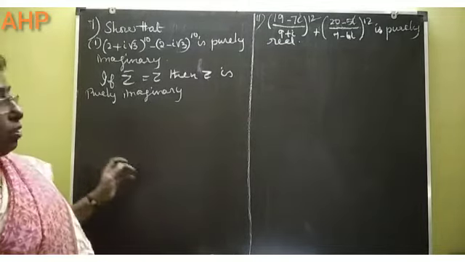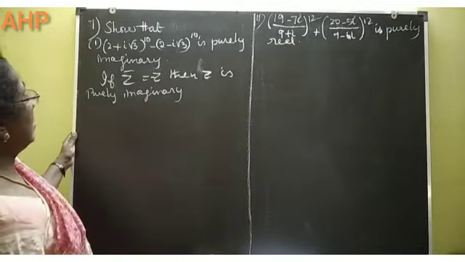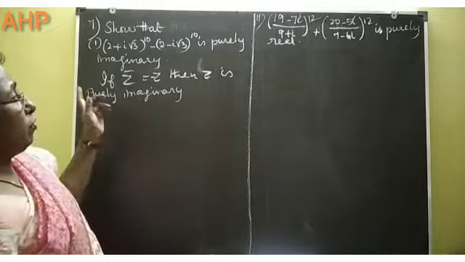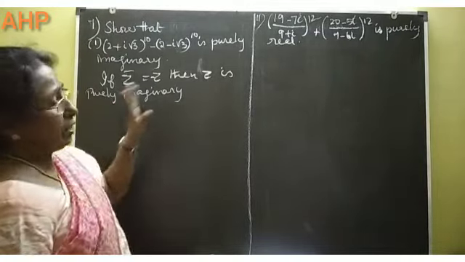If Z bar is equal to minus Z, then Z is purely imaginary. If Z bar is equal to Z, then it is purely real.